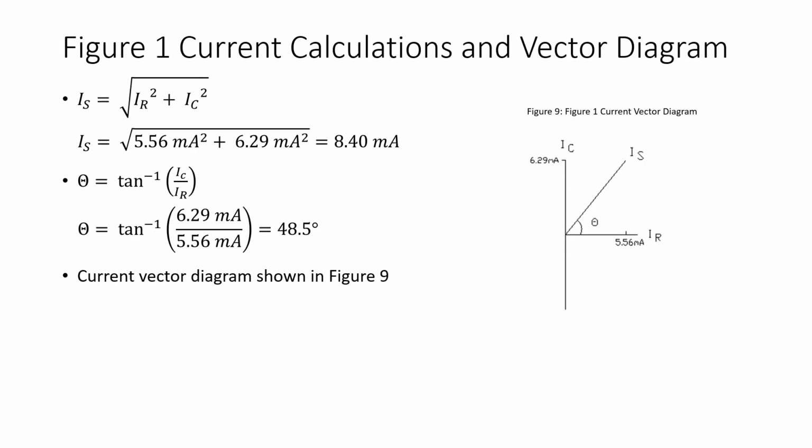Now the source current for Figure 1 is the square root of IR squared plus IC squared, which is 8.4 milliamps. And the phase angle of the circuit is the inverse tangent of IC over IR, which is 48.5 degrees. And the current vector diagram for the circuit of Figure 1 is shown in Figure 9.